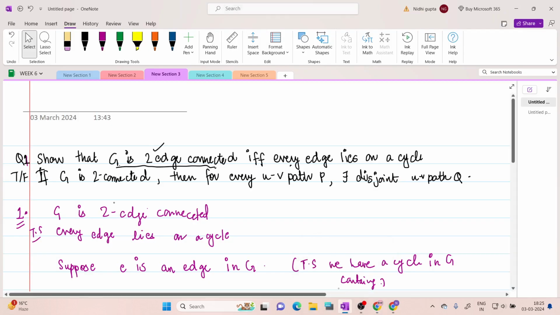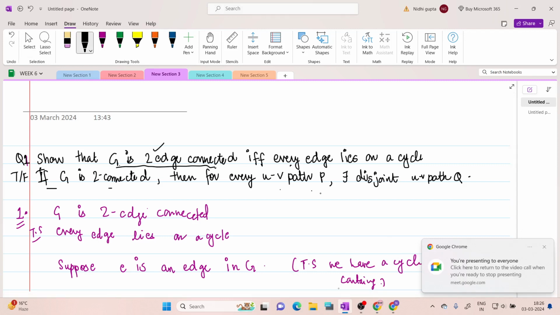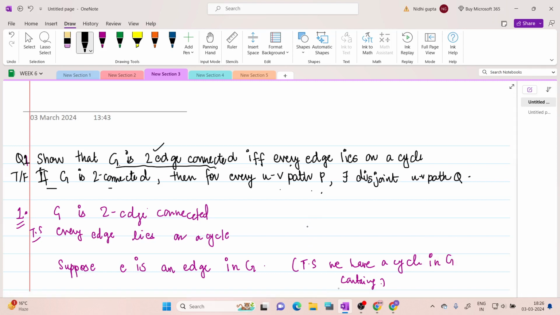Okay. Now the next thing is this. If G is 2 connected, then for every UV path P, there is a disjoint UV path Q. True or false? Now we are just saying 2 connected. When we are not mentioning anything, that means we are referring to vertex connectivity. So what do you think?